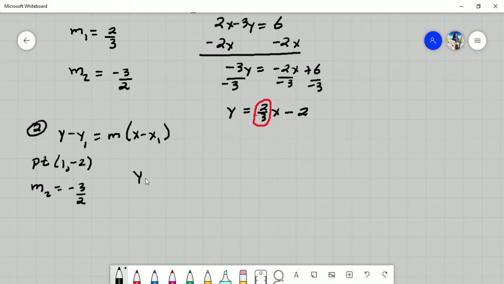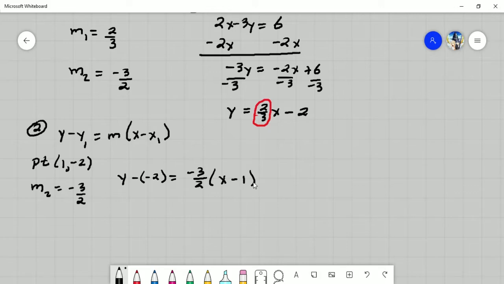So y minus y1, equals the slope -3/2 multiplied by x minus x1. Here I made a mistake, which will happen, but it's fine if we are able to catch it. y1 is a -2, so I have y minus -2, and x1 is a 1.